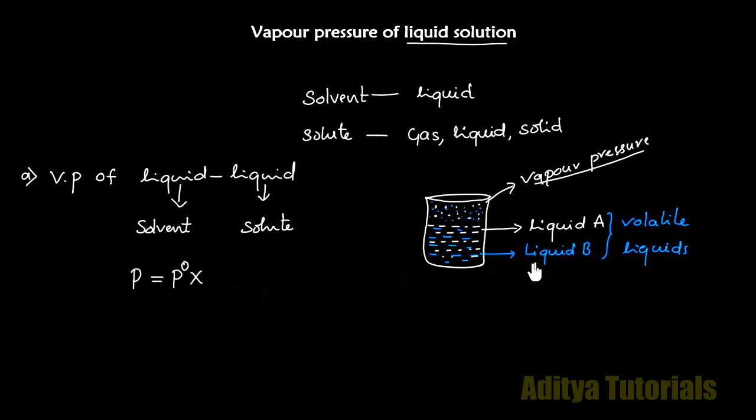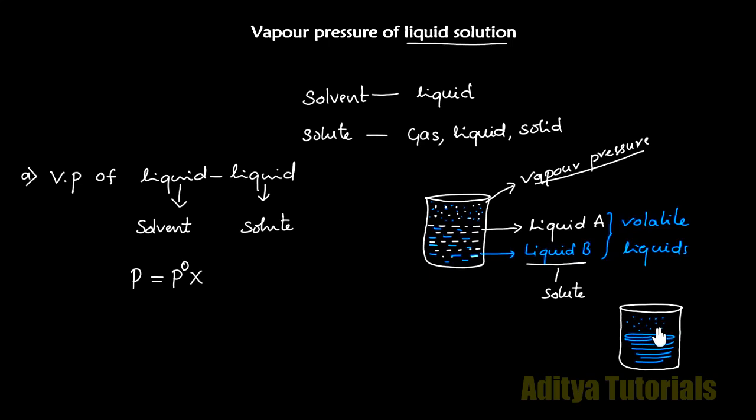For example, if I take B as a solute, in another container I will take only B liquid. Now only B molecules are there, and these B molecules evaporate and convert into vapors.